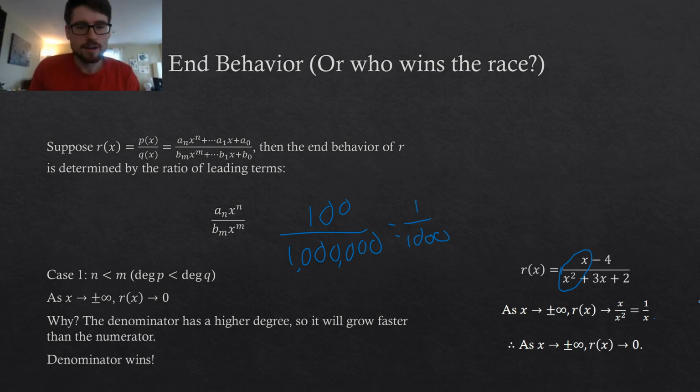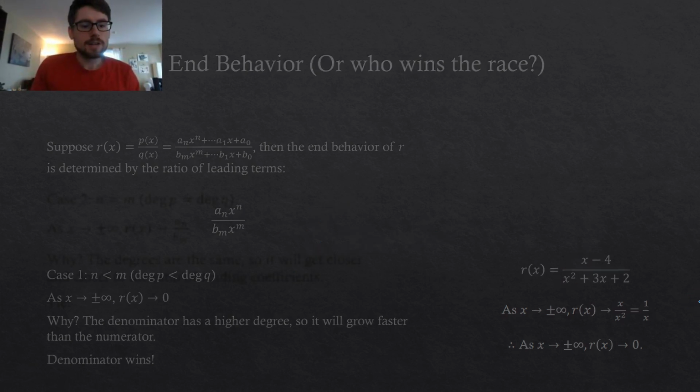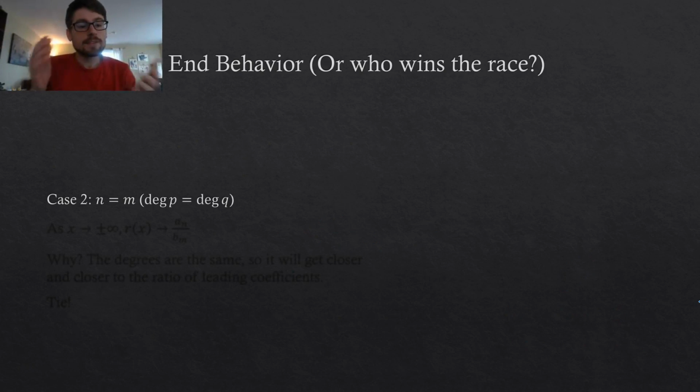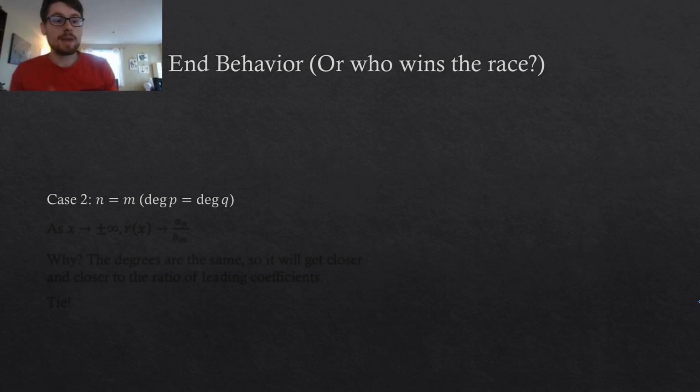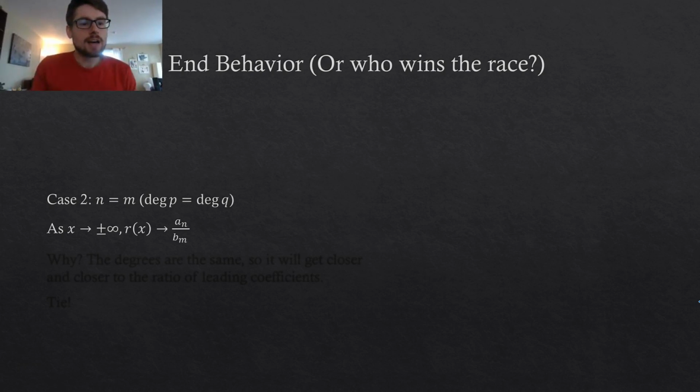Okay, so the other case is that they have the same degree. So what happens now if they have the same degree? Well, no one wins the race. They tie, right? And how do they tie? Well, they tie by going to the ratio of leading coefficients. Whatever the leading coefficients are, that ratio is what you're going to approach.